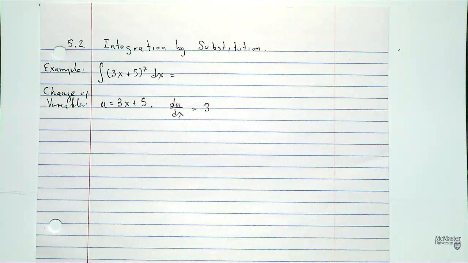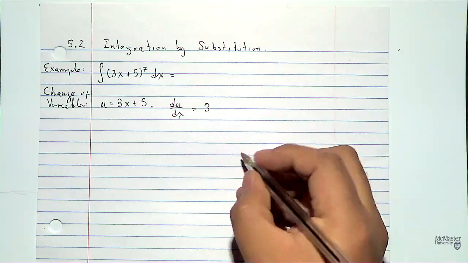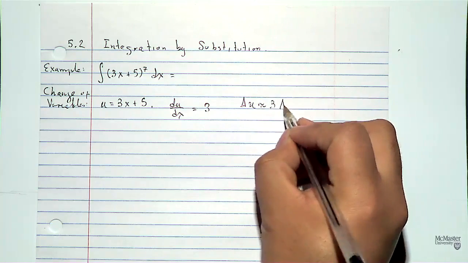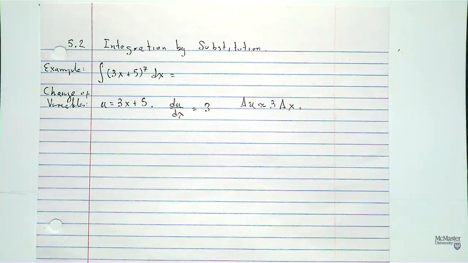And so approximately, with this interpretation of the tangent line, it is the ratio of the change in u when you change x. Now, if I were to write something of the sort, delta u is approximately 3 delta x, you would kind of give me a pass. Because this is the approximate change if I change x. How much does delta u change? It changes 3 times the change in x.